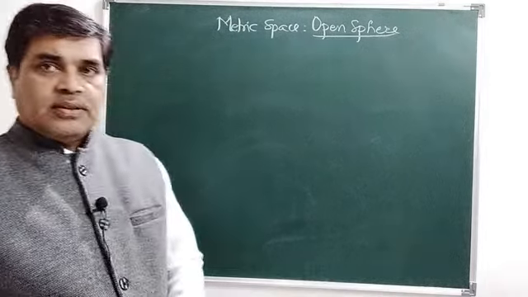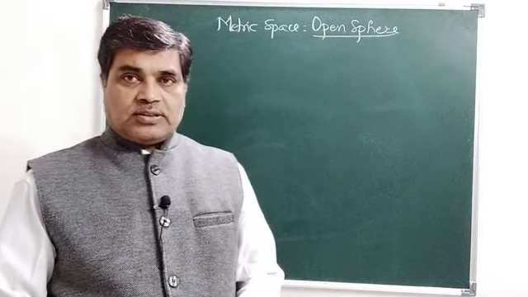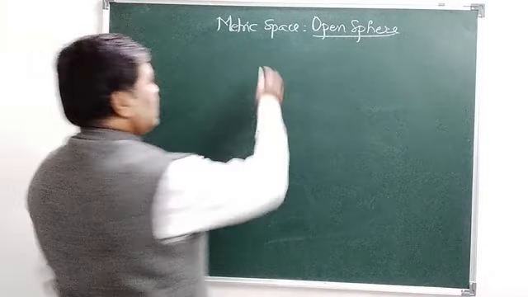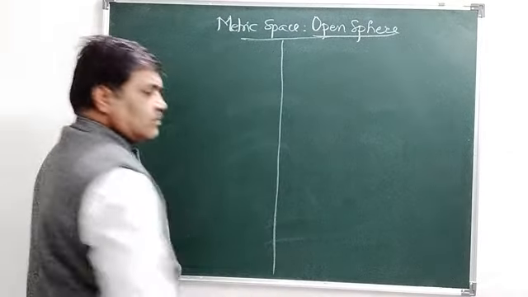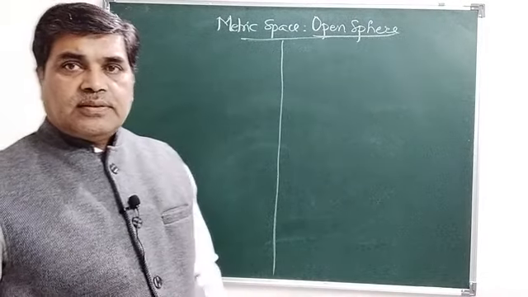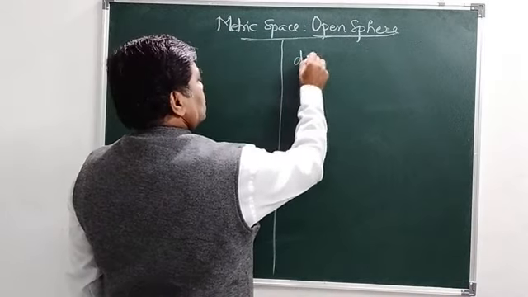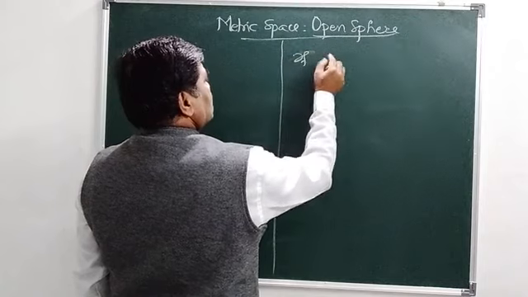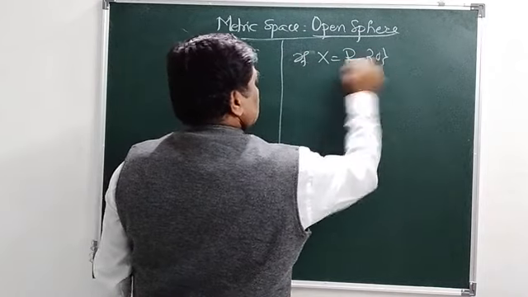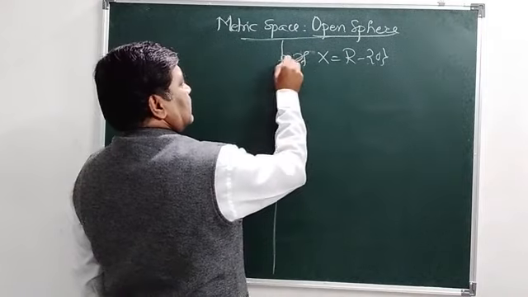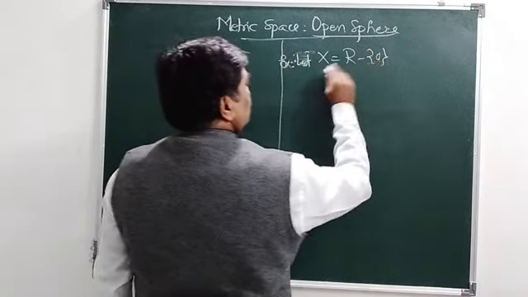But before that, I got one question from a viewer. I would like to explain it first. In one example, I explained the metric d on X equal to R minus {0}.